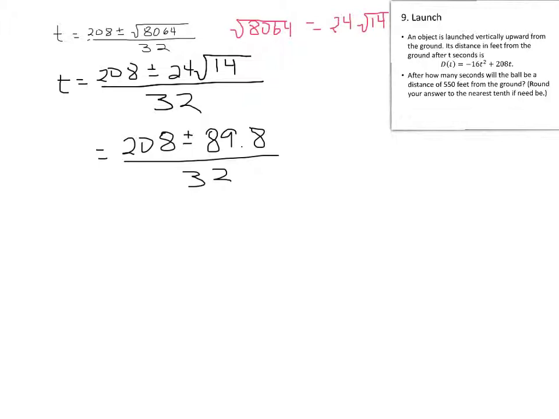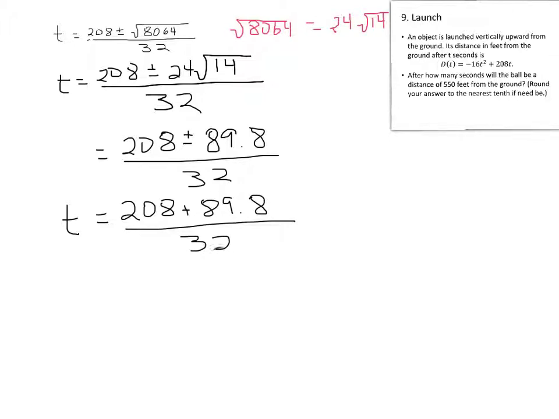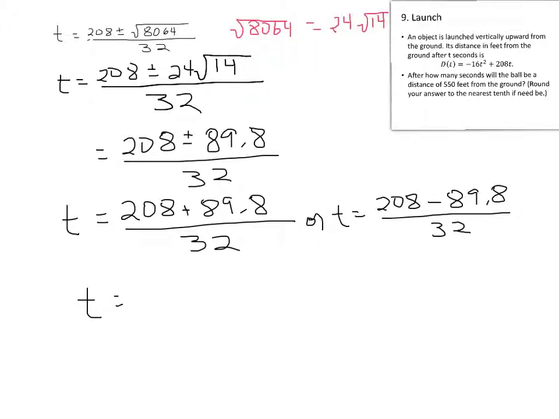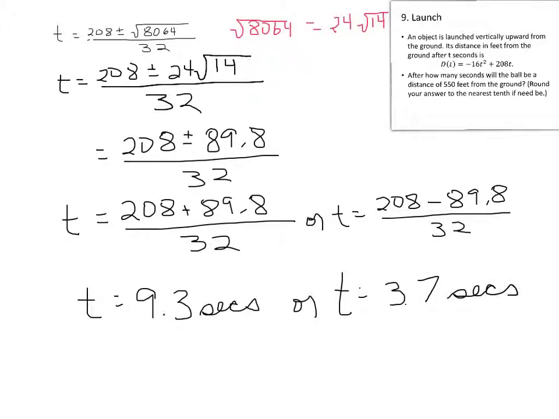So let's say t equals 208 plus 89.8 over 32, or, when you do that calculation, you get t equals 9.3 seconds, or t equals 3.69375, which rounds to 3.7 seconds. And that's the end of part 1. Now go on to part 2.